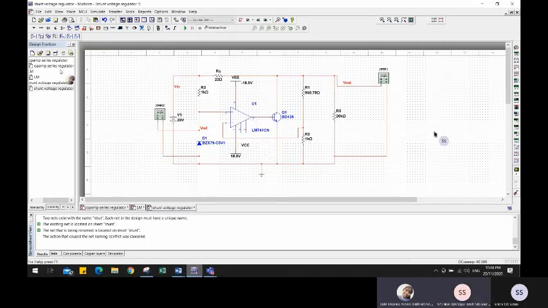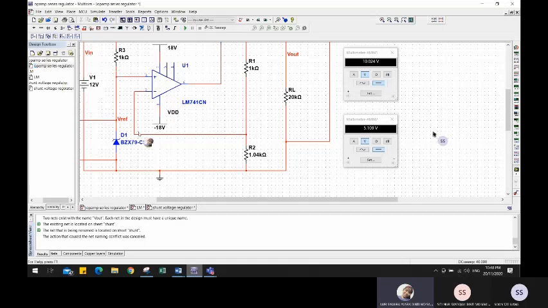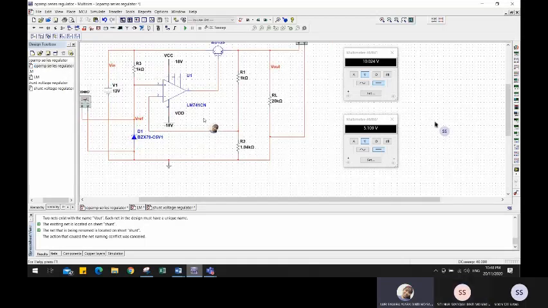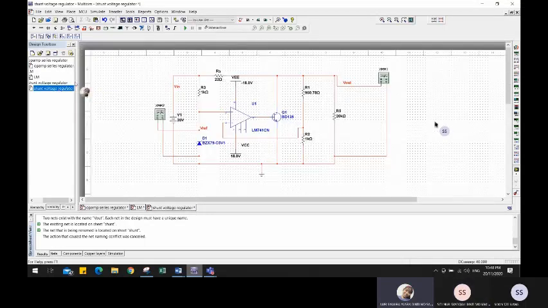In the op-amp series regulator, the positive side is connected to R3 and the negative side is connected to R1 and R2. For the shunt voltage regulator it is opposite: the negative is connected to R3 while the positive side is connected to R1 and R2. And as it is a shunt voltage regulator, we also added the RS here.